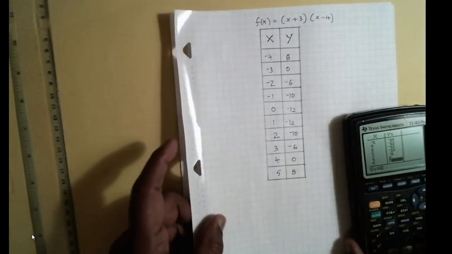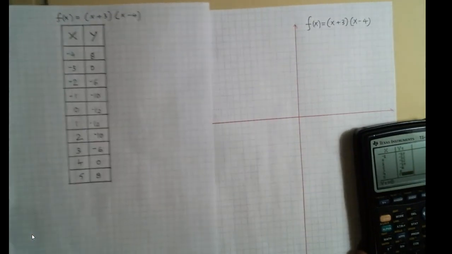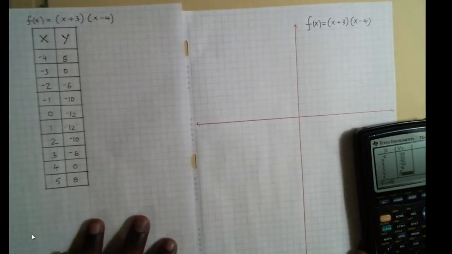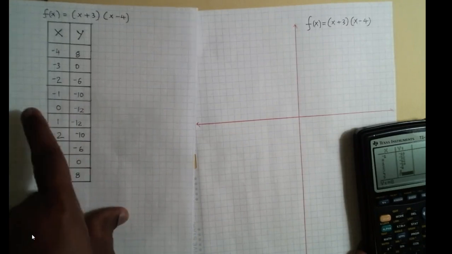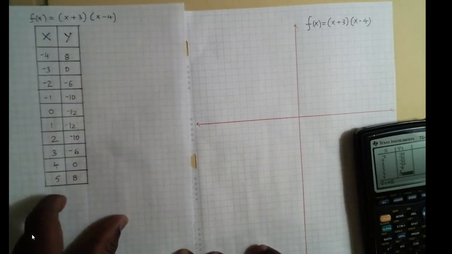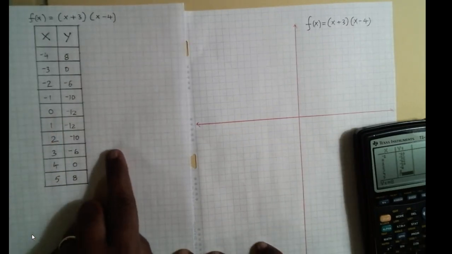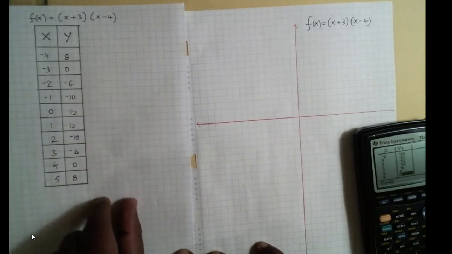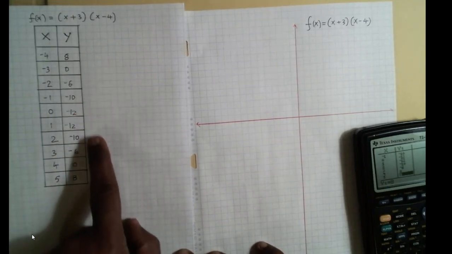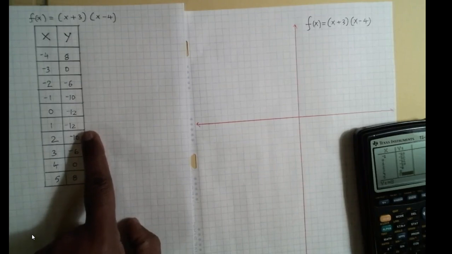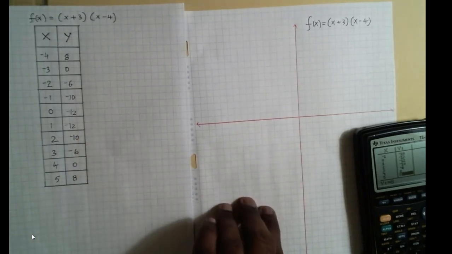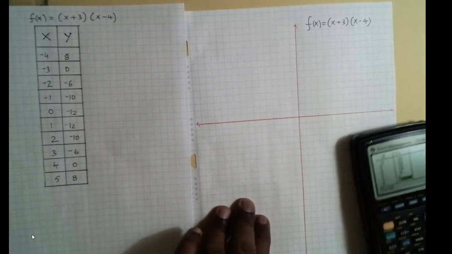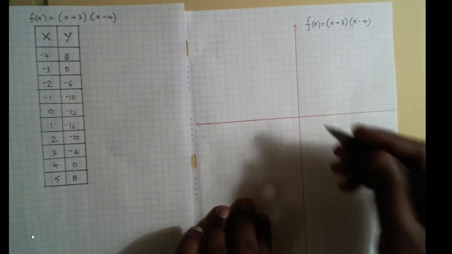Now I have to locate these points in our regular graph sheet. I have it right there. Here, x values are -4 to 5 we need, and for the y values, the maximum we have is 8 and the minimum is around -12, or a little further down we'll go, and let us calibrate this.